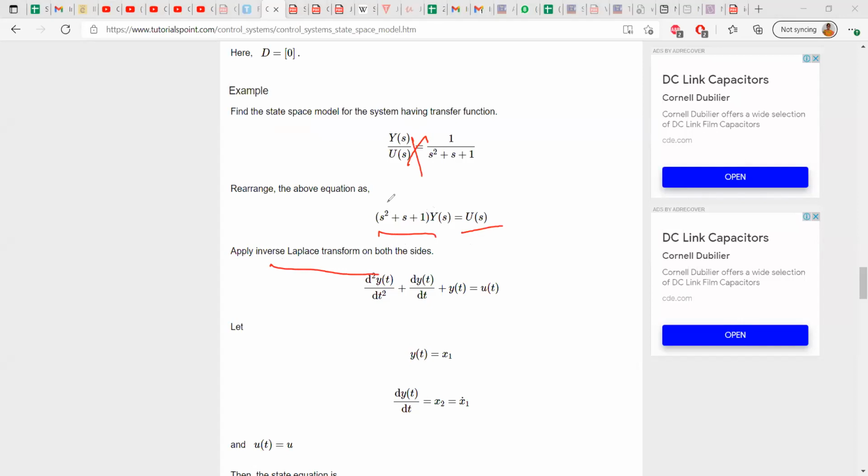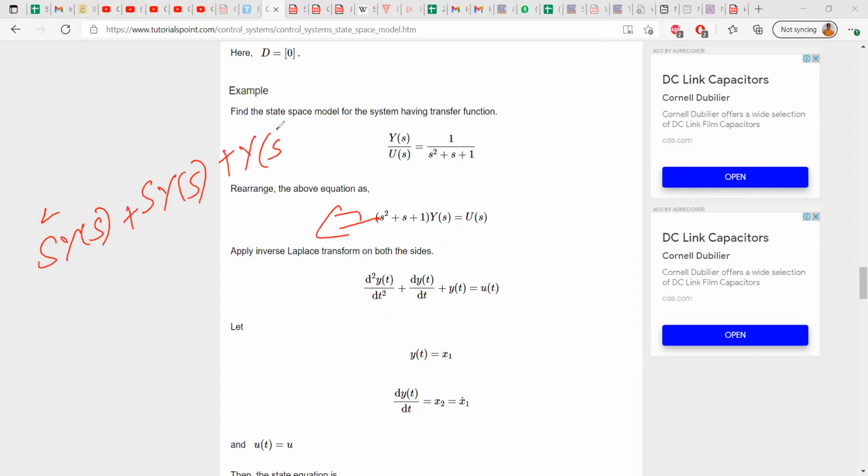We write s square Y of s, then s into Y of s plus Y of s equals U of s, and apply inverse Laplace to this equation. What is the inverse Laplace of s square Y of s? d square y of t by dt square.